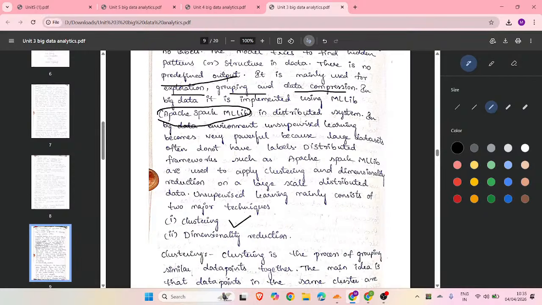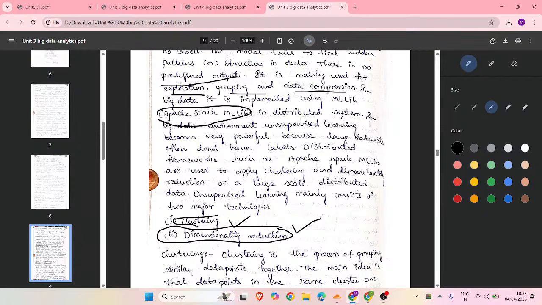The major techniques are clustering as well as dimensional reduction. I've been saying in class that for dimensional reduction, you need to mention principal component analysis from the examination point of view. I've given the same example; you can mention it in the exam also. That is compulsory. And you already know clustering.